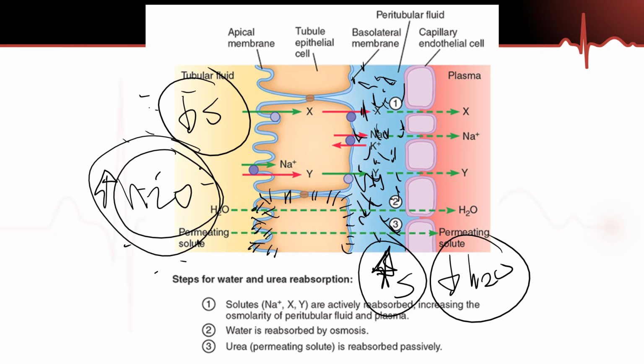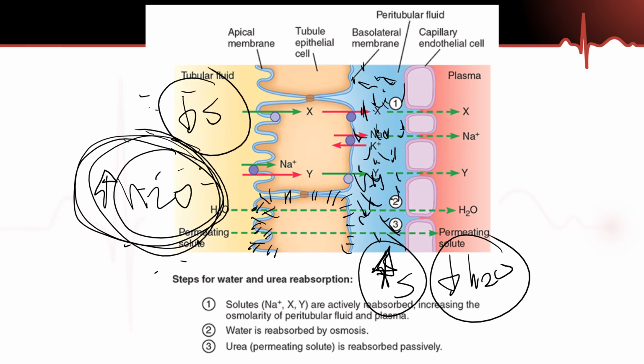So what's ultimately going to happen here, right? This is going to drive osmosis. Water always wants to move from high concentrations to low concentrations through osmosis. Where is the concentration of water high right now?